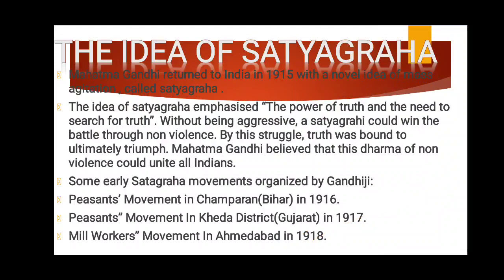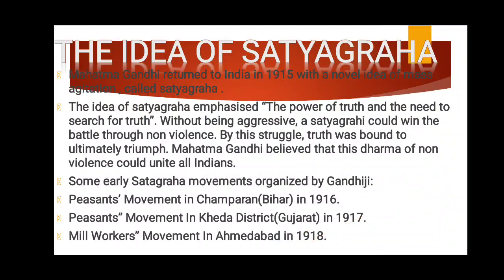According to Gandhiji, without being aggressive, a Satyagrahi could win the battle through non-violence. By this struggle, truth was bound to ultimately triumph. Mahatma Gandhi believed that this dharma of non-violence could unite all Indians. So, according to Gandhiji, Satyagraha was the only method by which people can win the world.